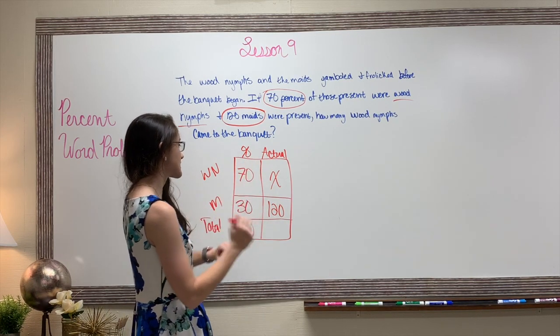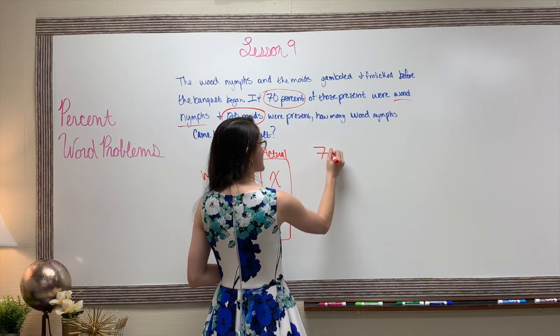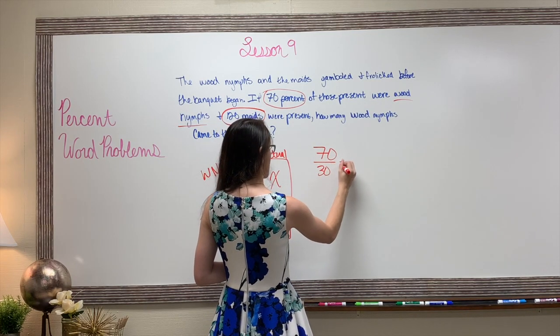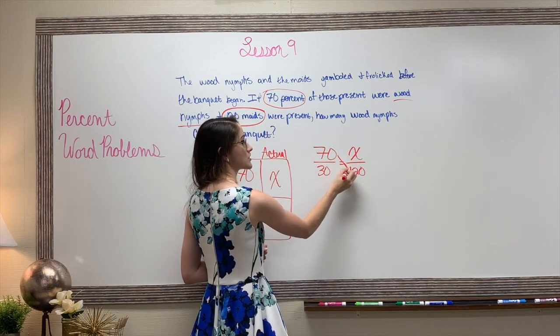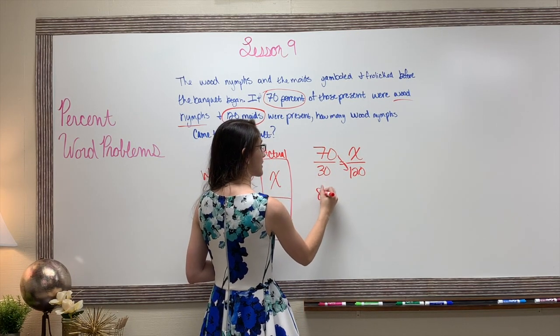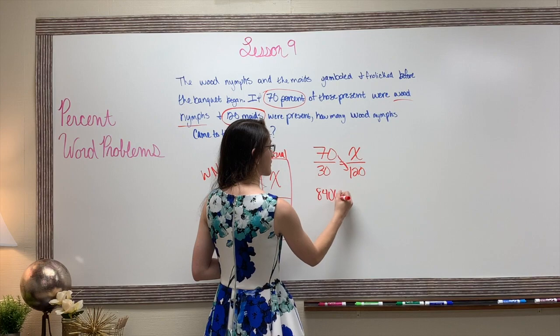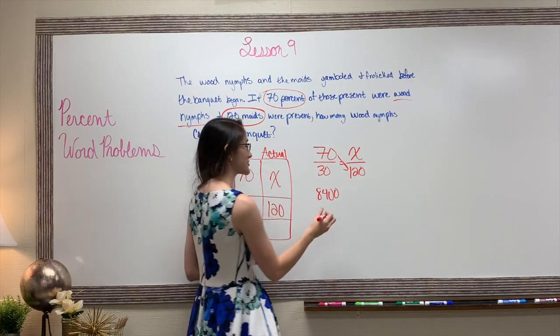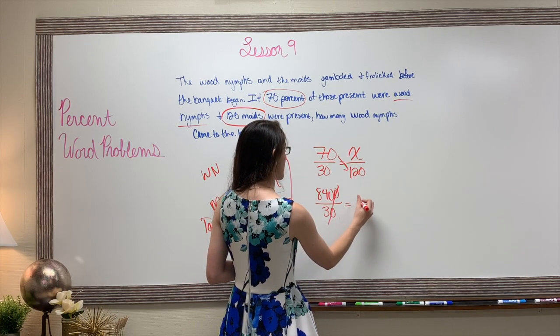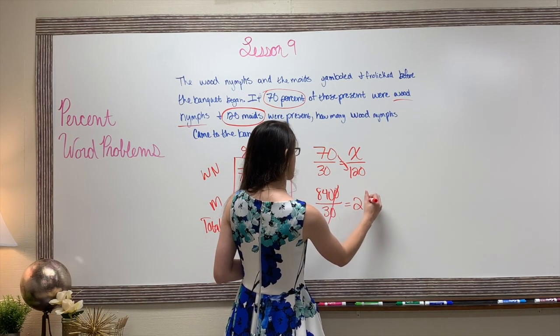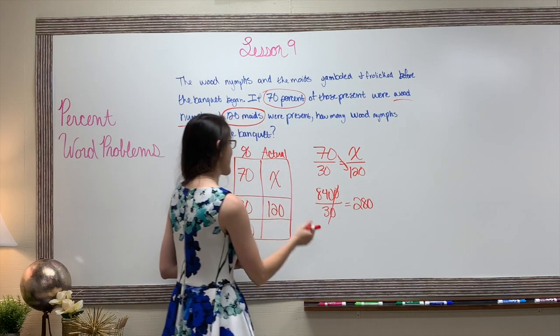Okay, so in this case, I would set it up as 70 over 30 equals x over 120, and we would just cross multiply, so that would be 8,400 divided by 30, the zeros are gone, and we are left with 280.